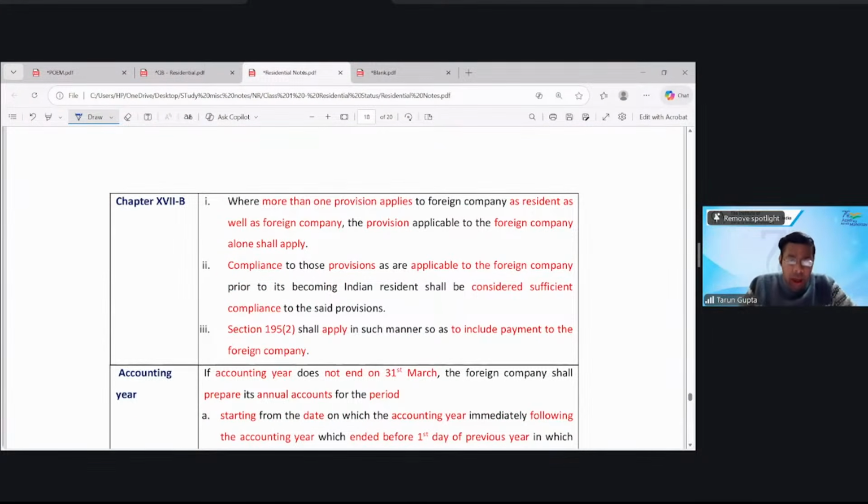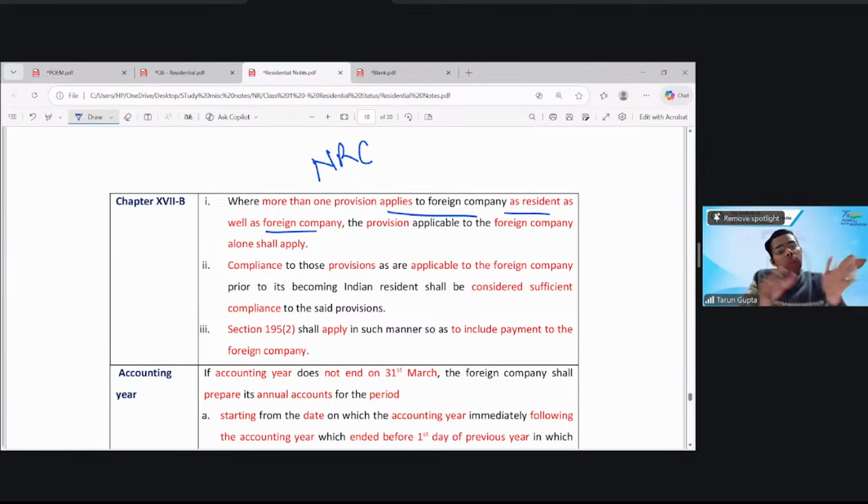Okay, this is important. Where more than one provision applies to a foreign company as resident as well as foreign company. See, in the Indian Income Tax Act, many of the provisions apply to a foreign company, irrespective of whether it's a resident or non-resident. So many provisions say it shall apply to non-residents other than company, and to foreign companies. Okay.